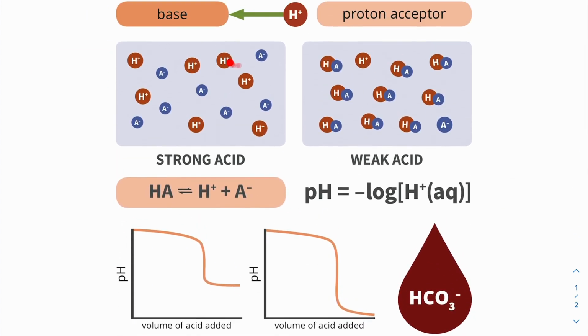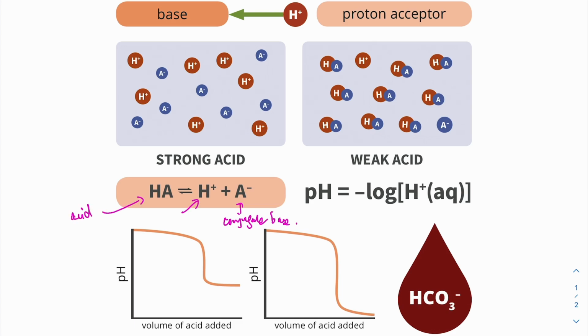So here is a pictorial representation of a strong acid, where you have a lot of H+ and the A-. The A- is what you call the conjugate base. Conjugate base is a concept that is covered in the specification and syllabus, so you need to know what's going on.